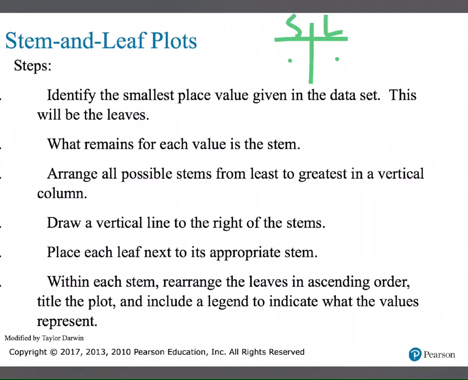You put part of it over here and part of it on the other side. The smallest value goes to the leaves and the largest value goes to the stems. Then you arrange them from least to greatest. Draw a vertical line to the right of the stem, so that's what that is. And you want to rearrange them in ascending order, so I'll show you what I mean by that.